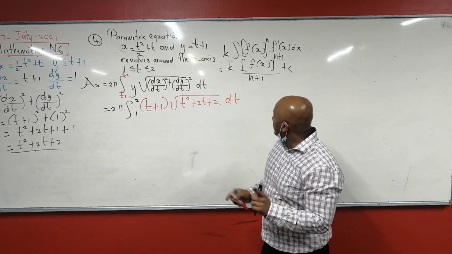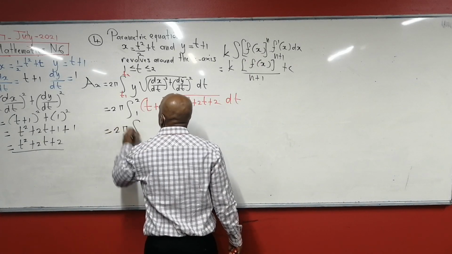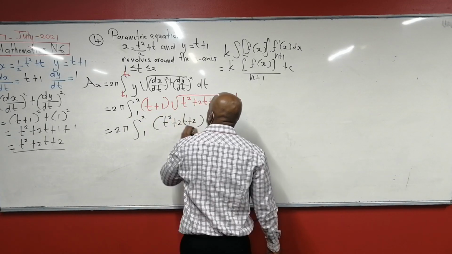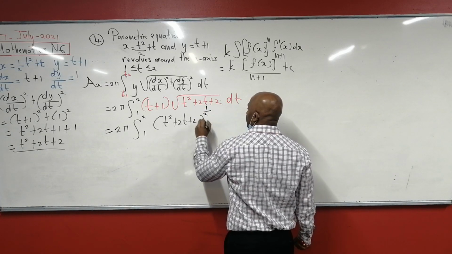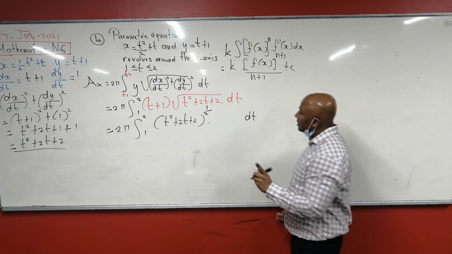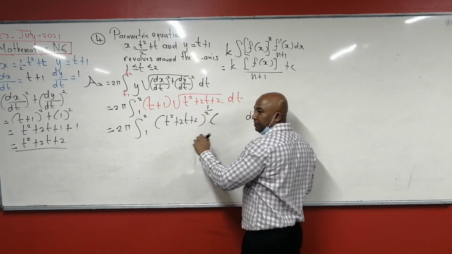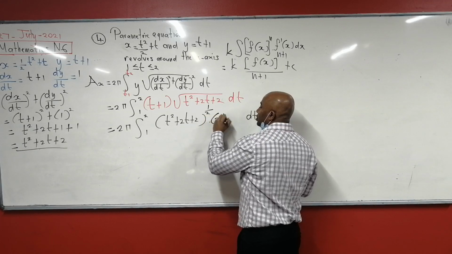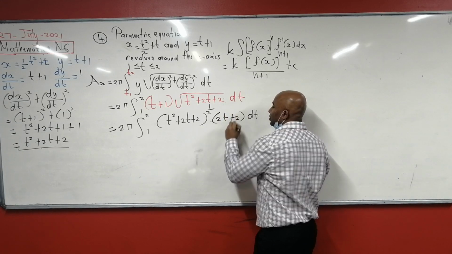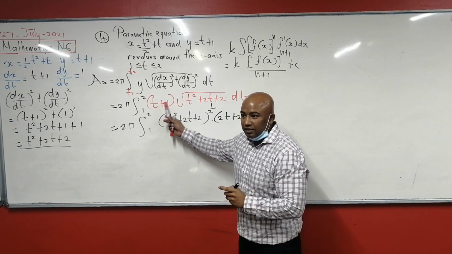But let's see now. So I've got f of t. That's 2 pi, with my limits 2 and 1, of t squared plus 2t plus 2, all raised to the power half, and there's my dt. Now, what is the derivative of t squared? It's 2t, and the derivative of 2t is 2. But there's no 2t here, it's just t, and there's no 2 here.